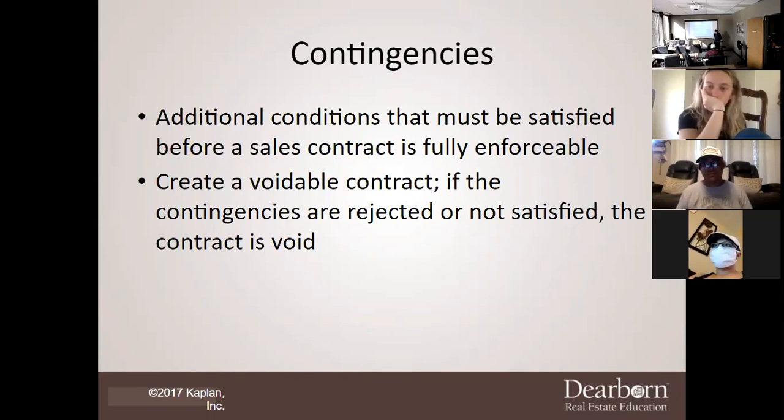But if some of the elements of the contingency are not satisfied, then the contract is void, like we talked about in an earlier class. There are multiple types of contingencies that you can have: inspection, financing, sale of property addendum, all kinds of addendums. We'll go into a little bit more detail as well.